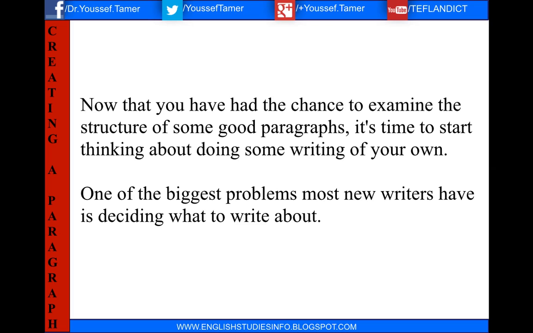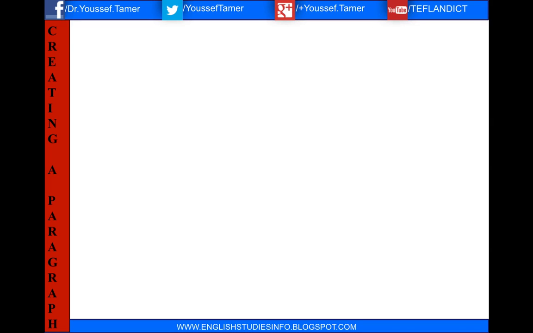One of the biggest problems most new writers have is deciding what to write about. Now, I think that I have to tell you that writing is problematic not only for you. It's problematic even for teachers who are writing their books or articles.